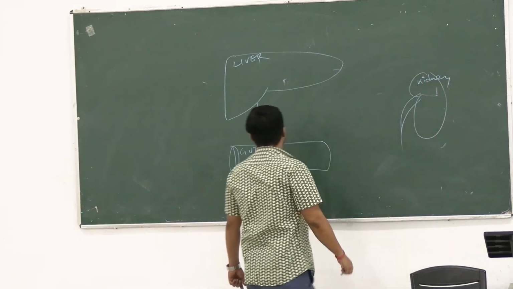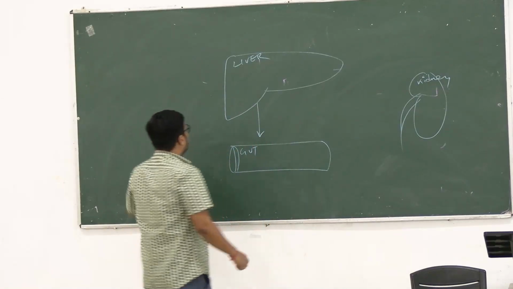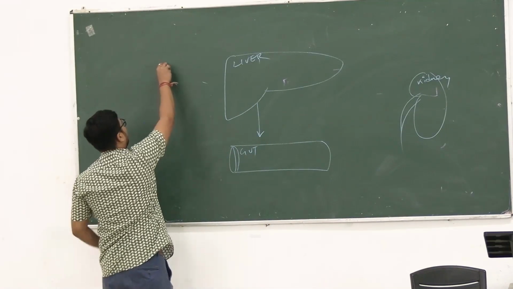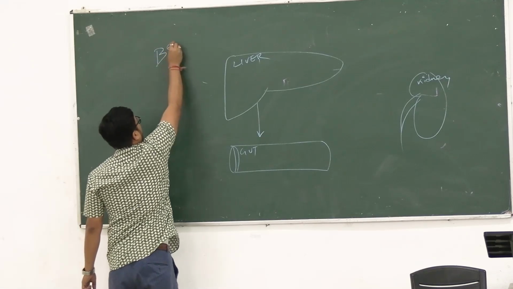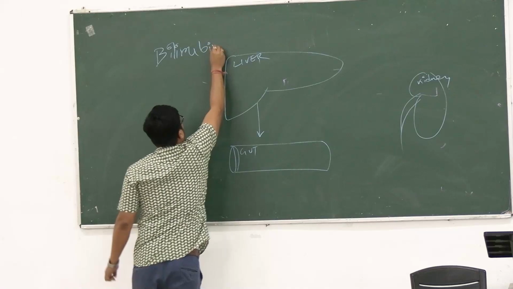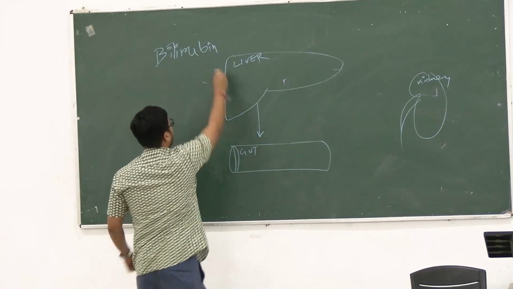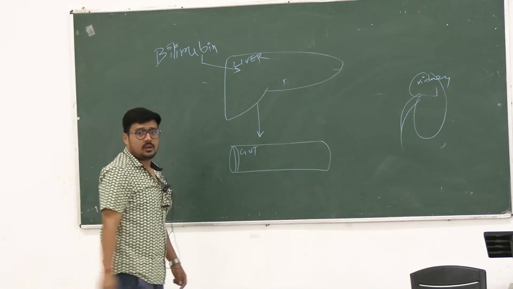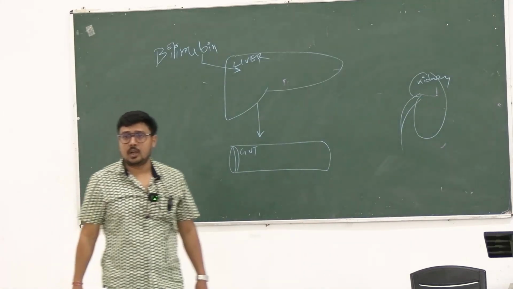Kidney. So what we have got? The newly formed bilirubin. Now this bilirubin will come to liver for its uptake and conjugation.